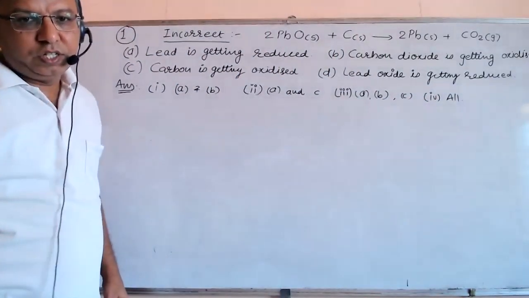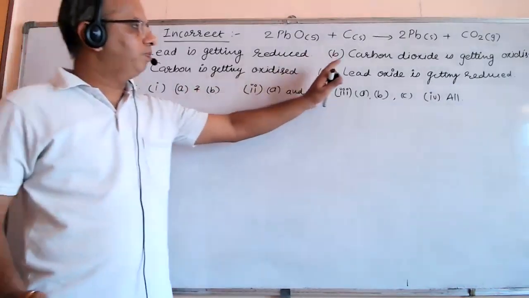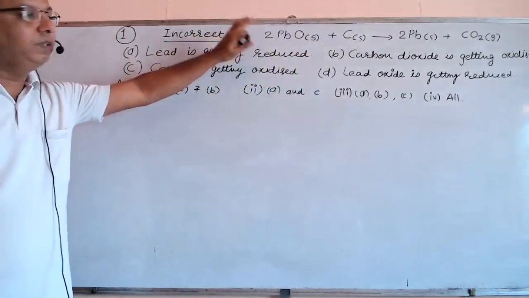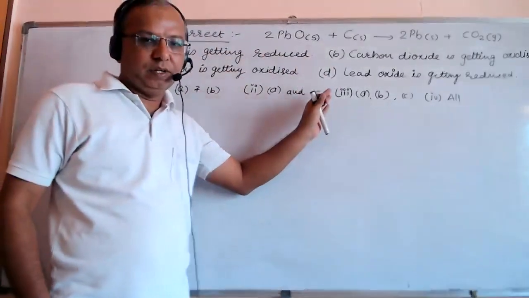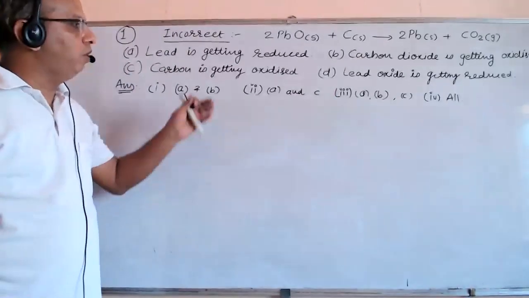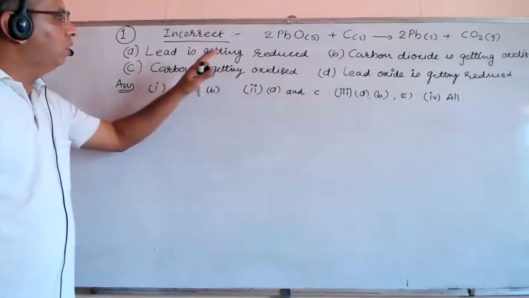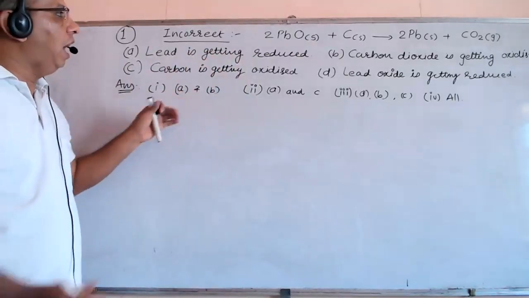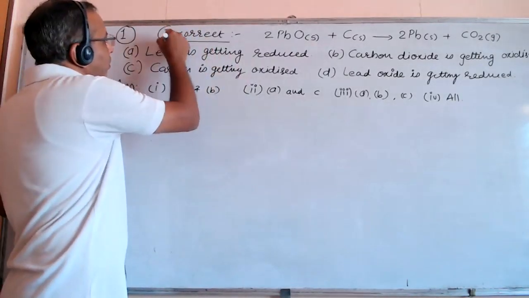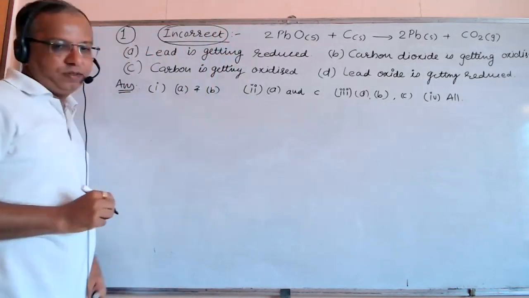So friends, this is the question given to you. The formula is given, 4 statements are given. Out of these 4 statements, you have to find which statement or statements are incorrect. This is the most important thing, friends.